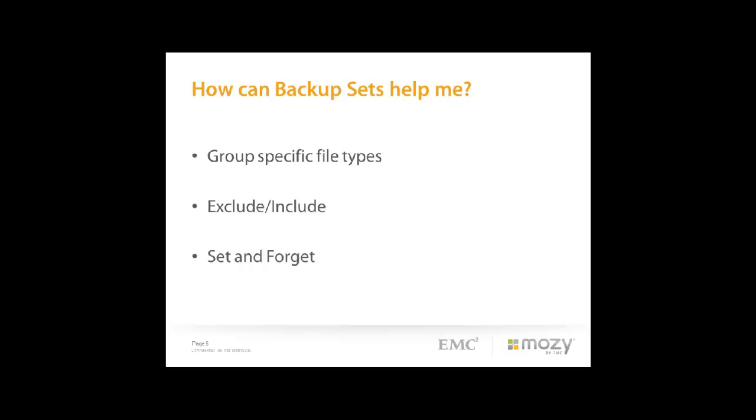I wouldn't have to remember that I've created a new .doc today and need to go and add it to my backups. Mozy will automatically pick it up for you if you have the backup set selected. That's one of the advantages of backup sets compared to the file system tab, where you're selecting individual files and folders.